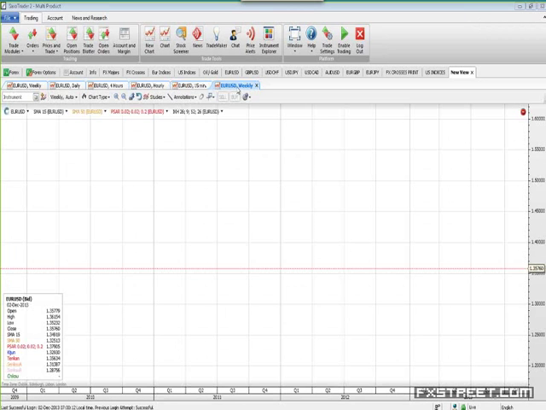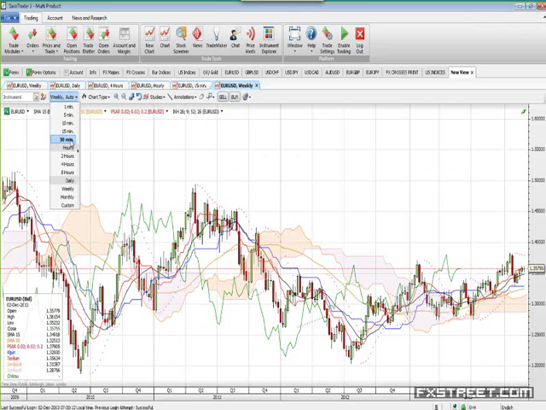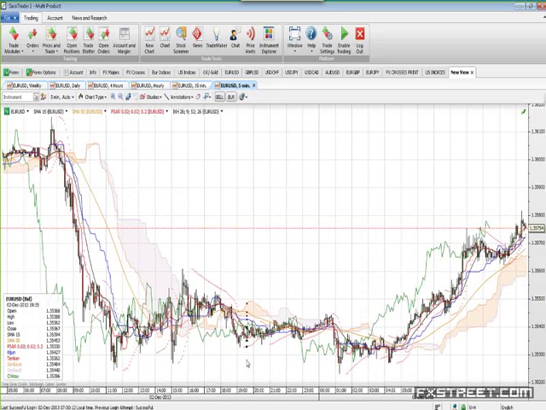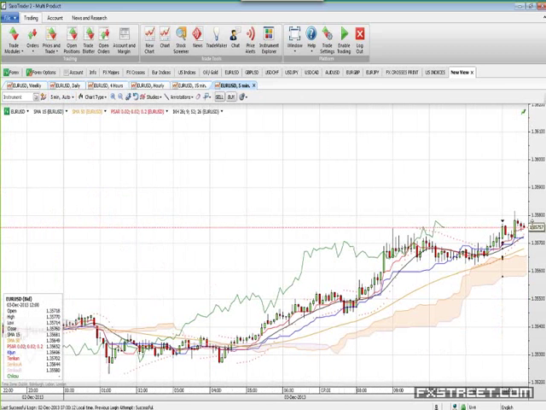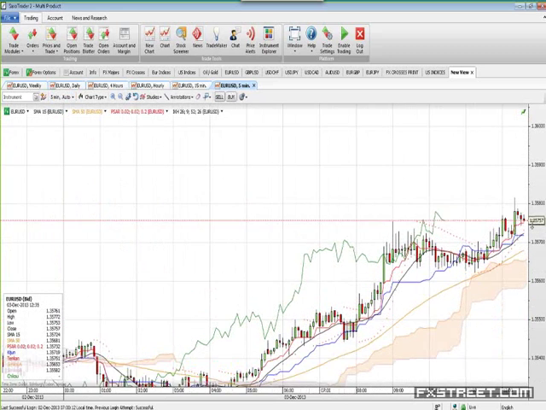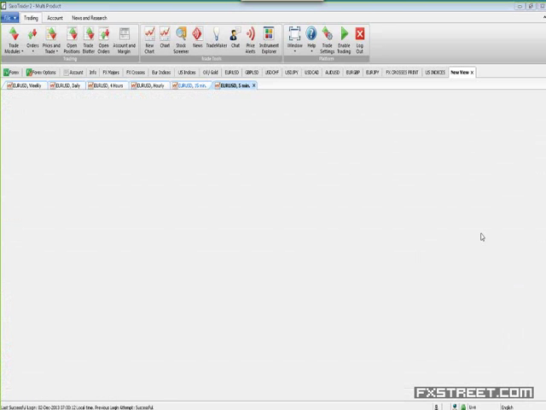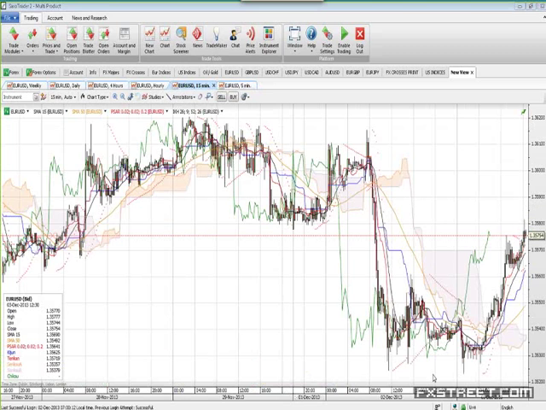I'll go down to 3 and 1 minute for scalping, but I'm just going to put 5 on now. And all I want to show you is this. We'll get rid of Ichimoku in these shorter time frames.